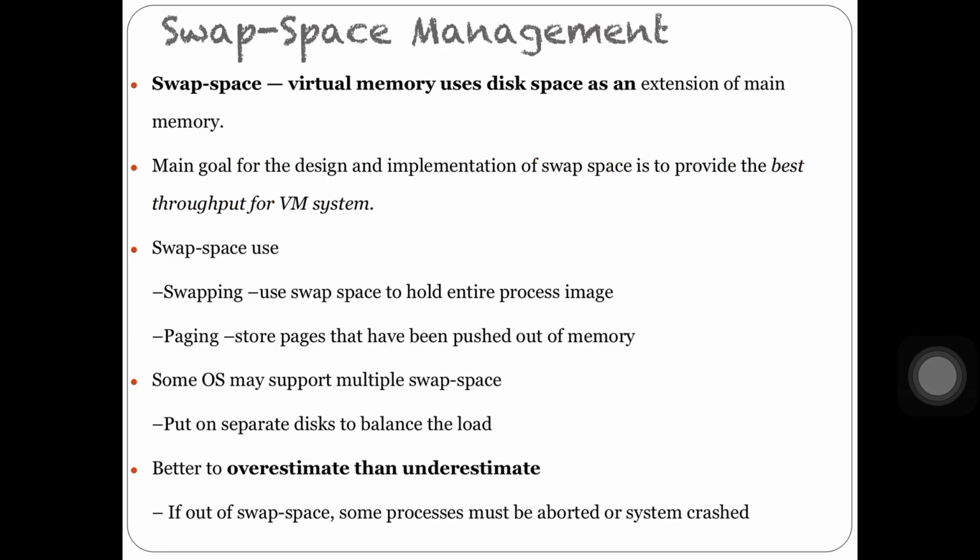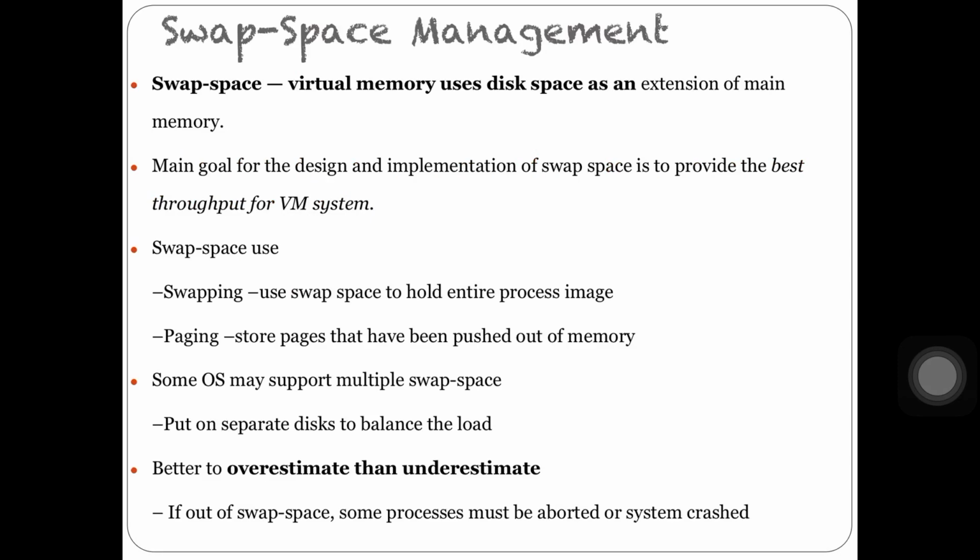So the amount of swap space needed on a system can vary depending on the amount of physical memory, the amount of virtual memory that it is backing, and the way in which the virtual memory is used. It can range from a few megabytes of disk space to gigabytes.